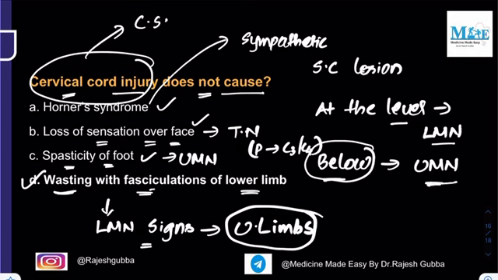Regarding sensory manifestations, at the level of lesion you will not have ipsilateral spinothalamic tract involvement; you can have ipsilateral dorsal column sensations lost. Whereas below the level of lesion, you will have contralateral spinothalamic tract sensations lost. So this is today's discussion. Thank you very much. See you tomorrow again with the remaining part of the questions.